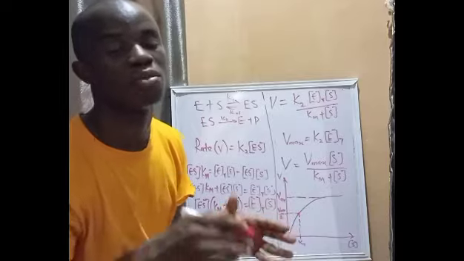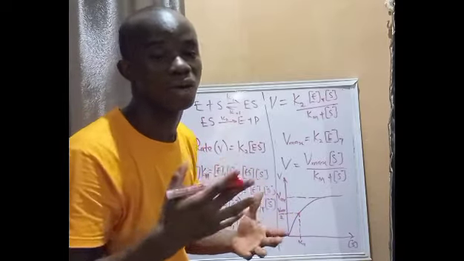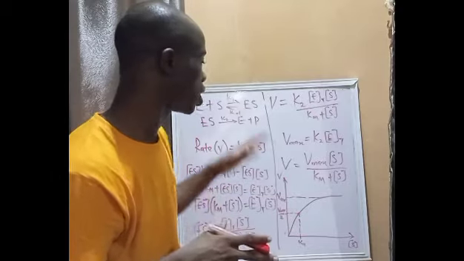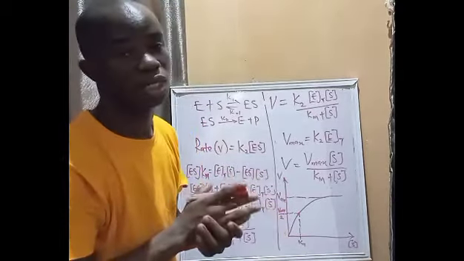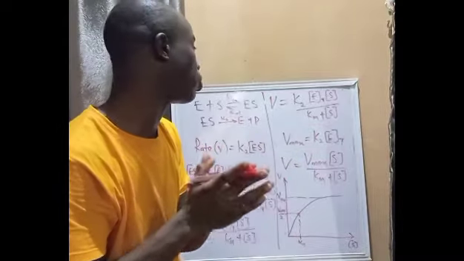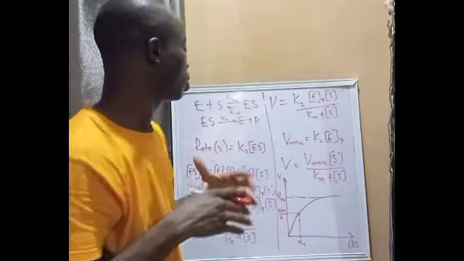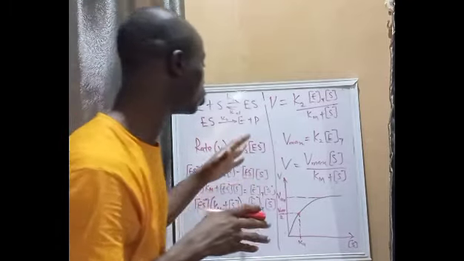Like I said, Km is the substrate concentration when velocity is half of the Vmax, and that's that about the Michaelis-Menten equation. And like I said, you can linearize this expression to get your Lineweaver-Burk equation. In short time, let me quickly show you how to do that.